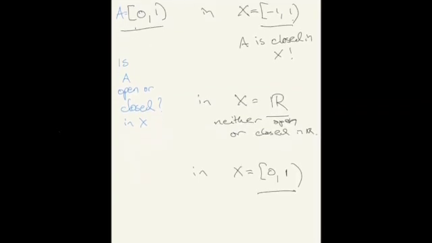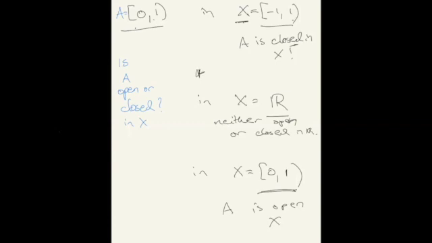And conversely, if you cut this out a little bit differently, say you take the same set, then A is open in X. So it really depends on the context. Where the issue comes from is that all of these notions are always defined relative to X. Your instinct might be that it can't be closed because you have this limit point 1 that's not inside the interval.